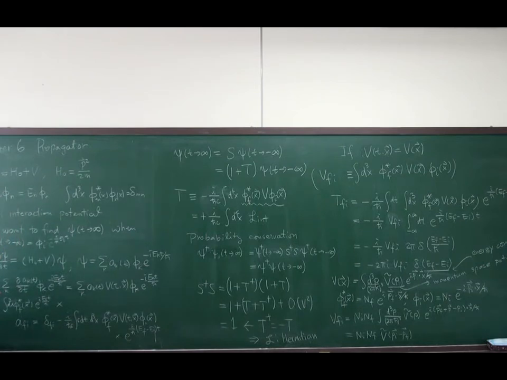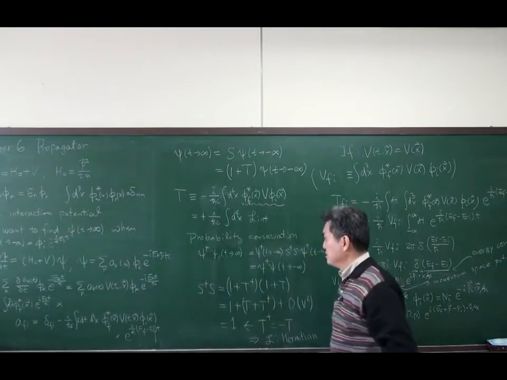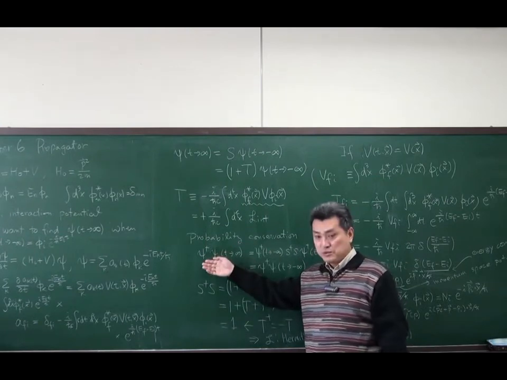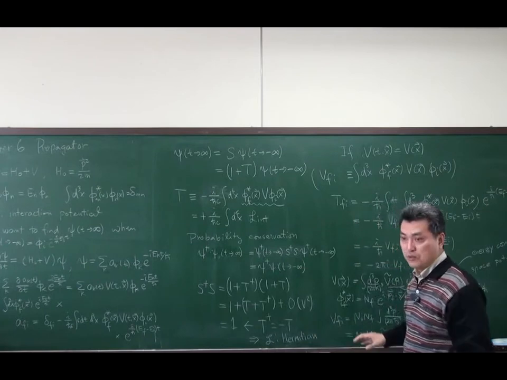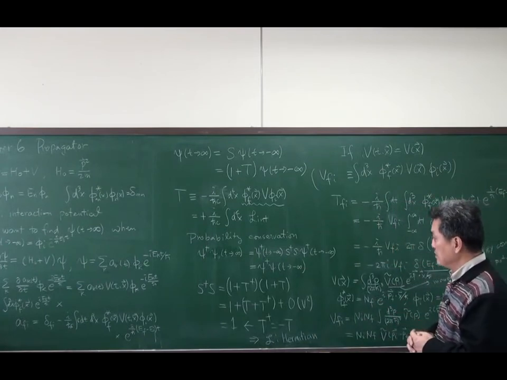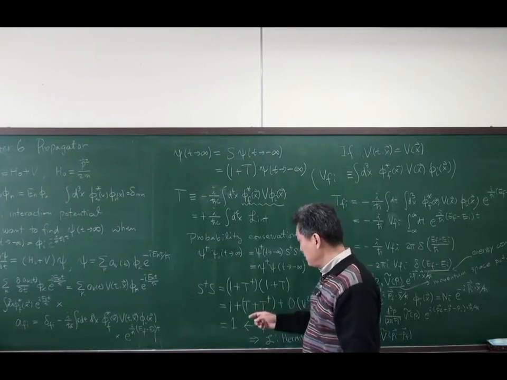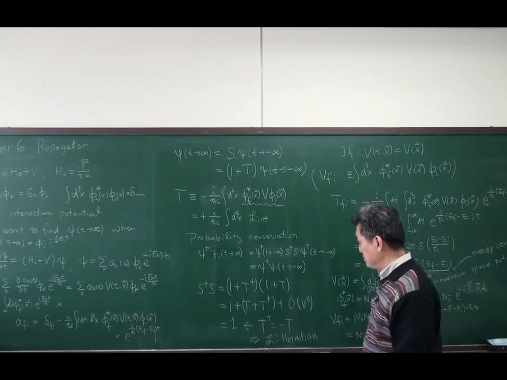And this interaction must preserve the probability conservation. So for the initial state wave function, we can find the initial number of states and the final number of states, and the whole sum must be conserved. So this constraint will give that S dagger S is identity. If it's not the case, the probability disappears.